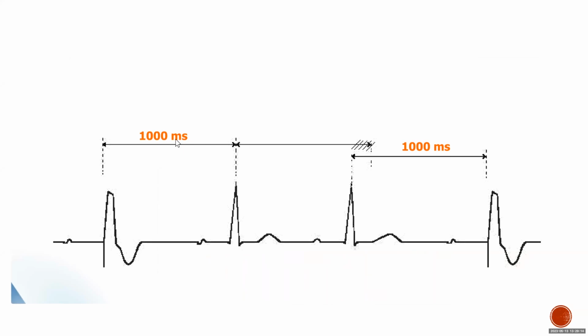If we ask the device to wait 1000 milliseconds before it paces, it will wait, and then when it sees this, it starts counting again until it's 1000 and then paces again. If it didn't see this, it would pace here, which is unneeded. That's why sensing is important.